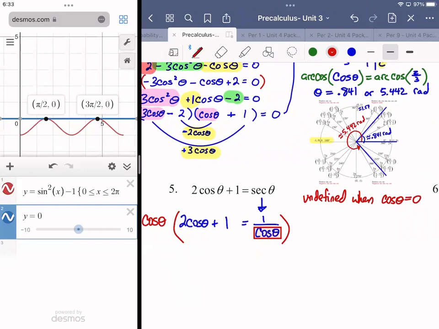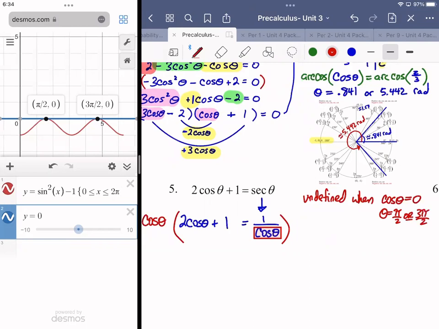Now, cosine is the x value of any coordinate around the unit circle. So any x value of 0, any angle that corresponds to that, would cause this function to be undefined. That happens at pi over 2 and 3 pi over 2. So undefined when theta is equal to pi over 2 or 3 pi over 2.